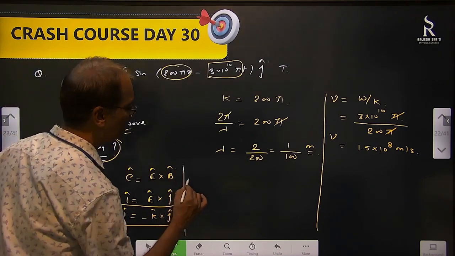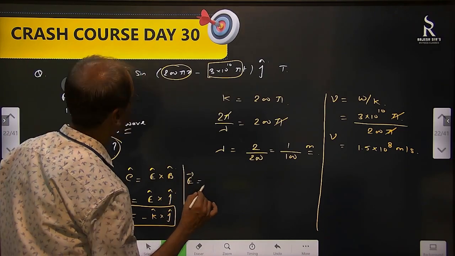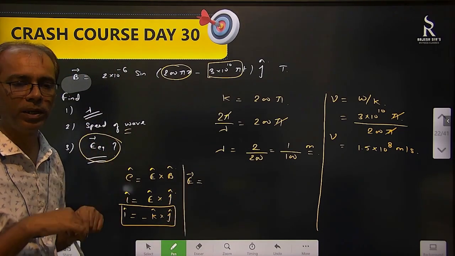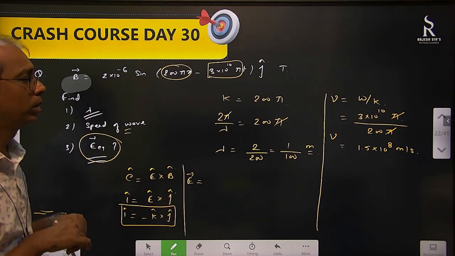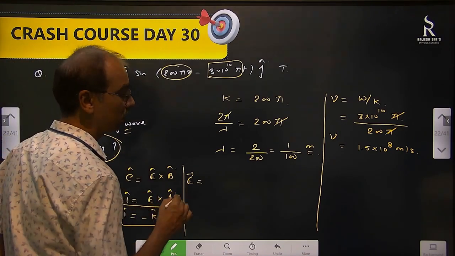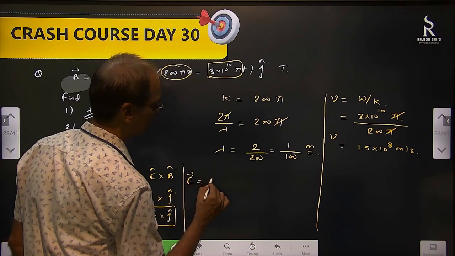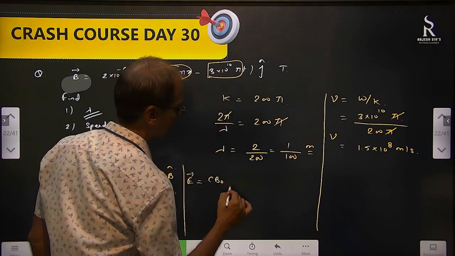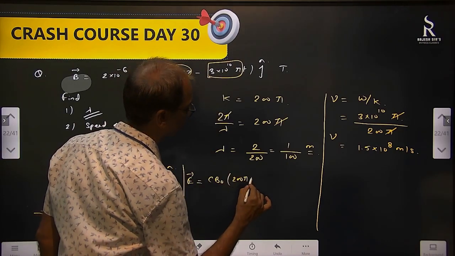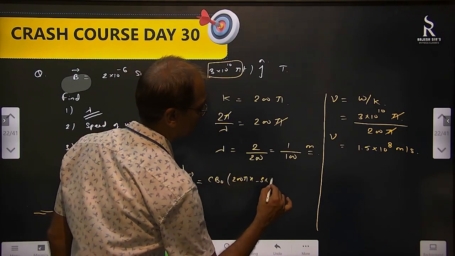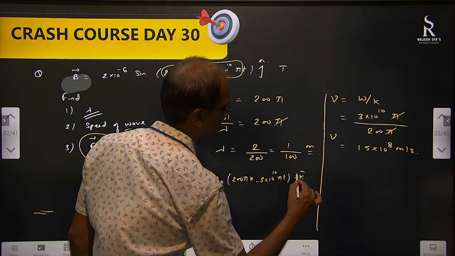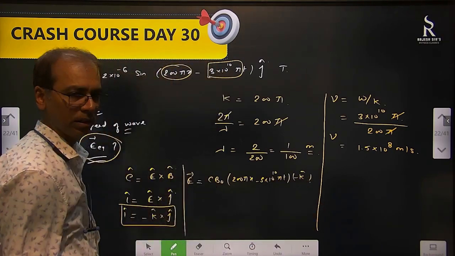Now let's write the electric field. E equals E naught, and B naught is given to you. What we know? C equals E naught by B naught. So E naught is C B naught. Then the same function, 200 pi x minus 3 into 10 to the power 10 pi t, and then minus k. That's it.